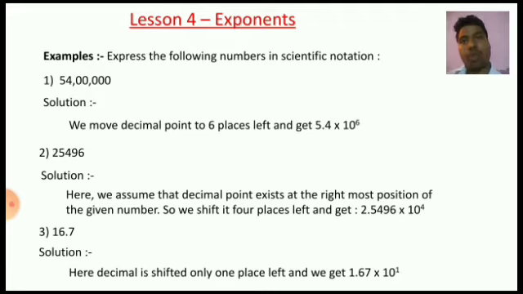So the scientific notation for 16.7 is 1.67 into 10 raised to 1. Here 10 raised to 1 comes because we move the decimal point only one place to the left of the given number. This way you express any number into scientific notation form.